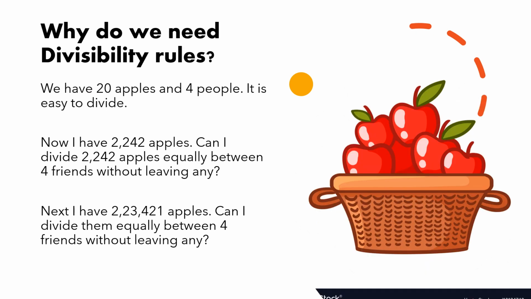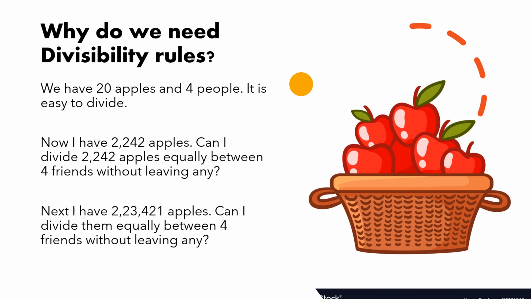So why do we need the rules of divisibility which we have been looking at? We have 20 apples and we have to divide it between 4 people. It is very easy to divide, isn't it? We do the division and we can find out. Now, if I have 2242 apples and if I want to find out whether I can divide it between 4 friends without leaving any, we will still do the division, isn't it?